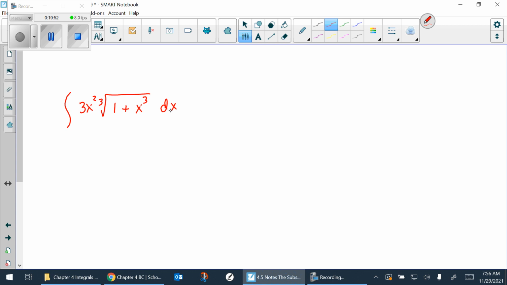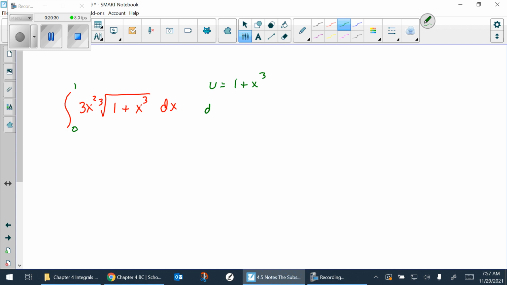What if this were a definite integral? What if this integral went from, let's say, 0 to 1. Okay. Now, the fact that it's a definite integral really doesn't change anything. We would go through the u equals 1 plus x cubed.